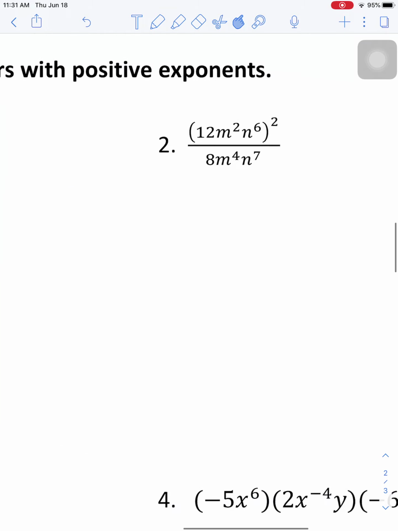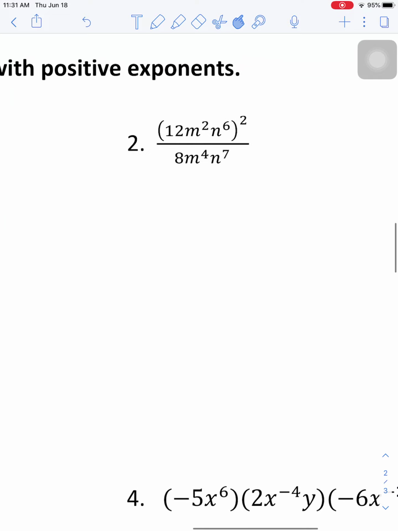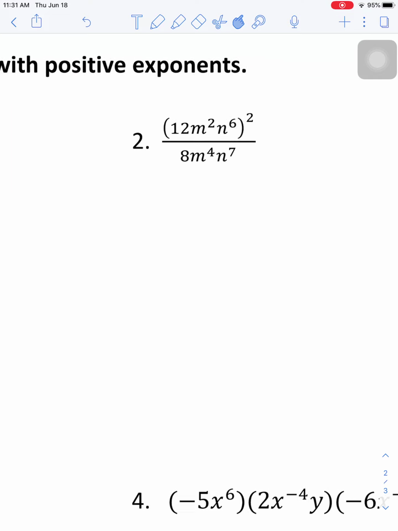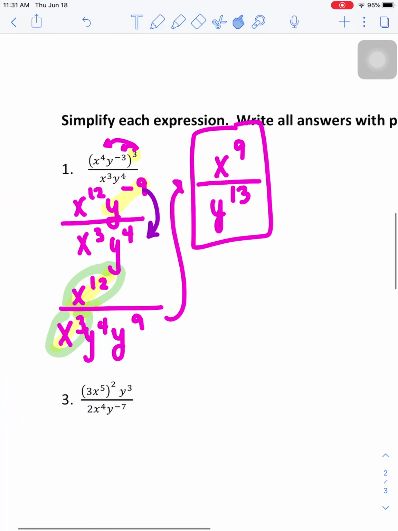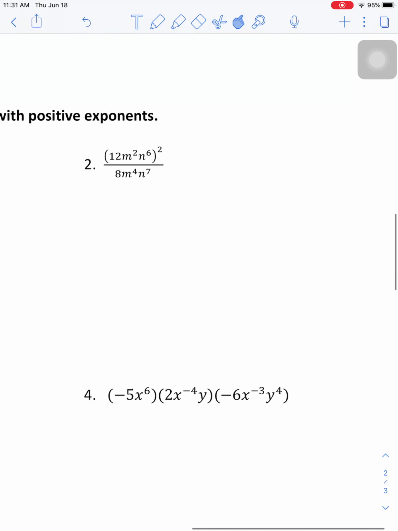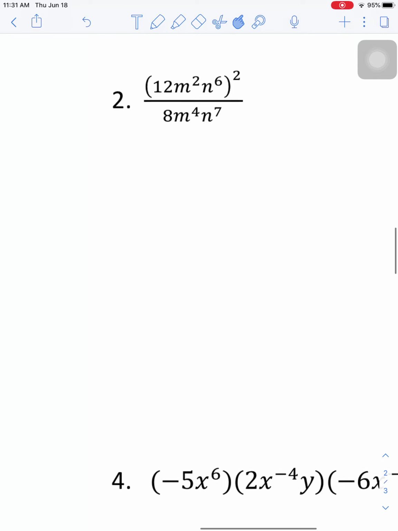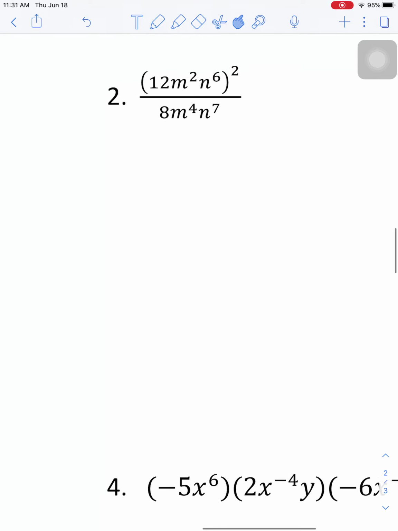All right, number 2. Another problem that's a little bit more complicated. It is very similar to the first one we did, right? So copy this down and go ahead and start by getting rid of this exponent of 2 outside of the parentheses.